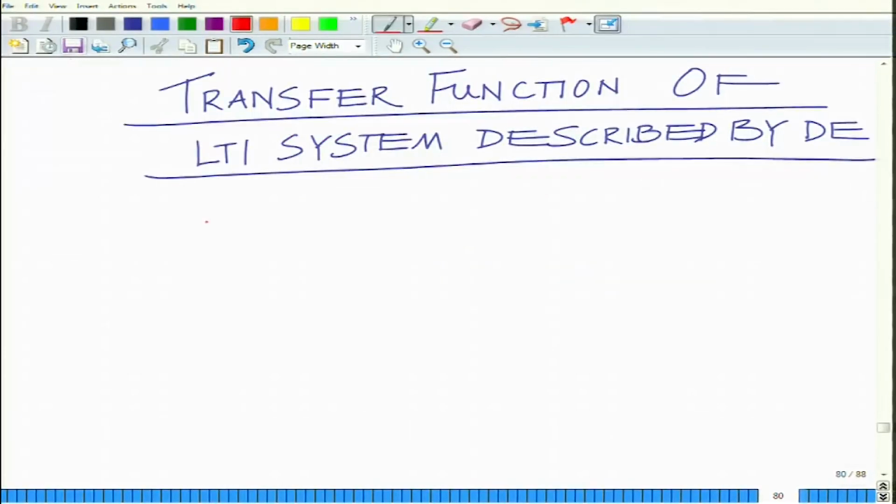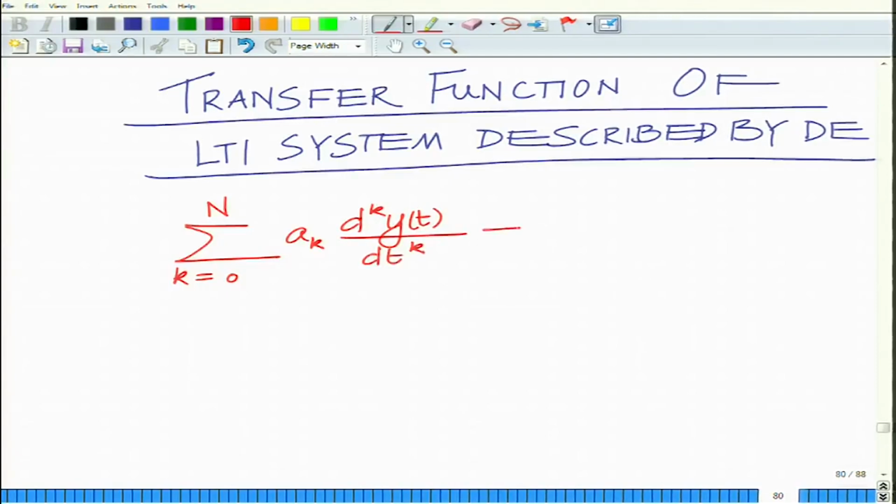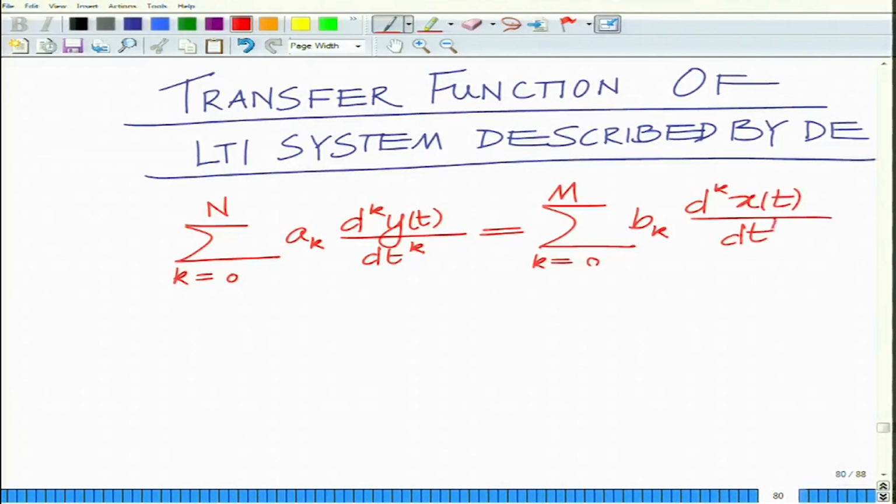We have the summation from k equals 0 to n of a_k d^k y(t)/dt^k equal to the summation from k equals 0 to m of b_k d^k x(t)/dt^k.